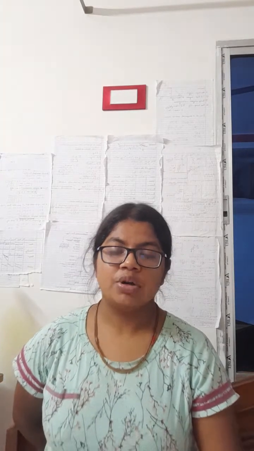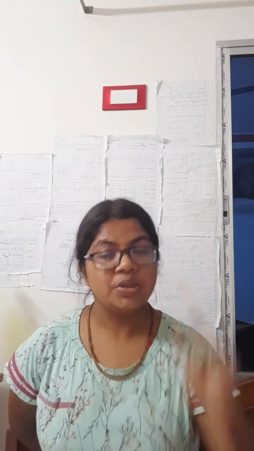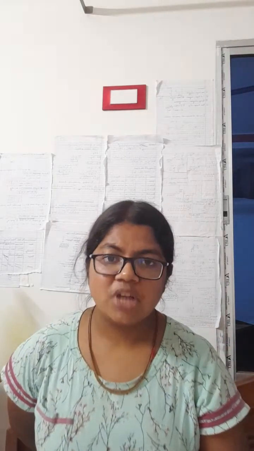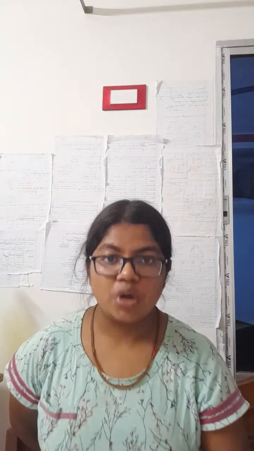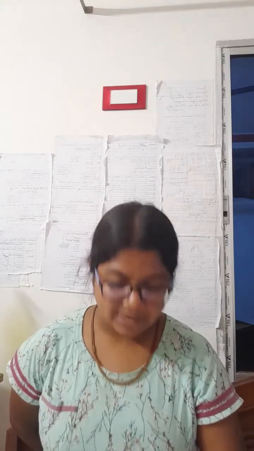The SI unit of force is Newton, and the CGS unit of force is Dyne, and 1 Newton equals 10 to the power 5 Dyne. The smallest unit of charge is ESU, that is Franklin, and the largest unit of charge is Faraday. It's not Farad. Farad is the unit of capacitance.